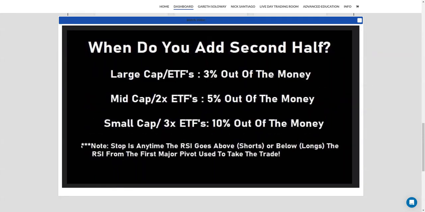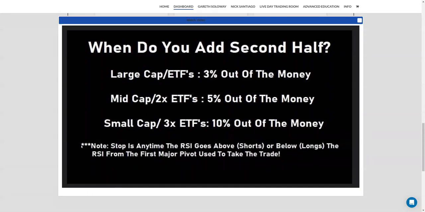When do you add your second half? Very important, and you guys can go back on this. So when using this tactic on a large cap or a single ETF, if you are ever out of the money by 3%, and I've calculated exactly in hundreds of scenarios, and this has an amazing way of working, you add the other half.